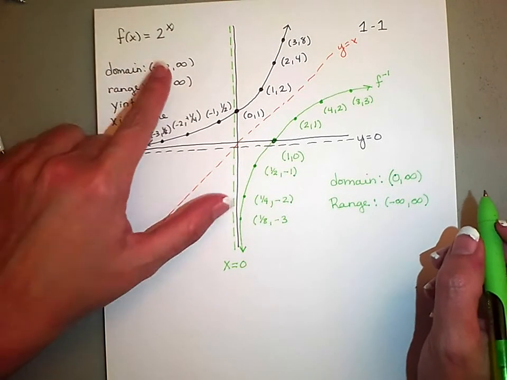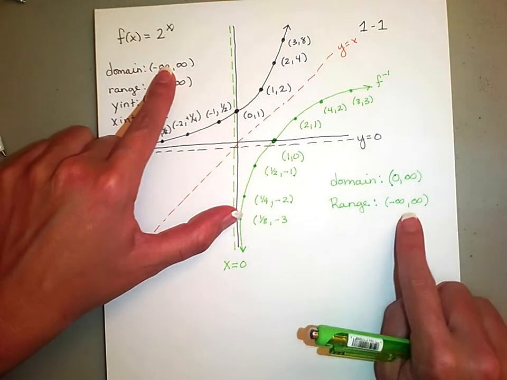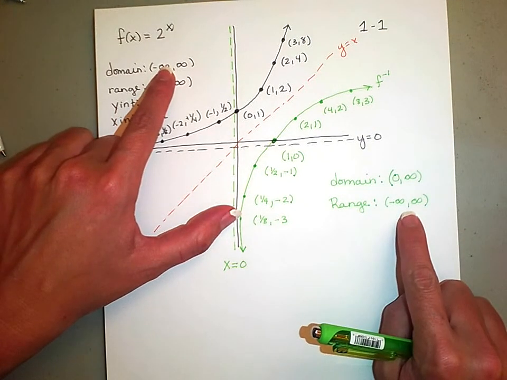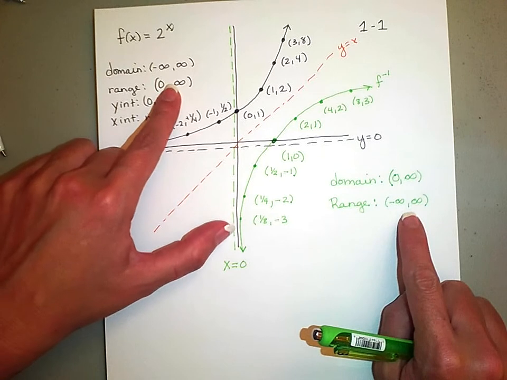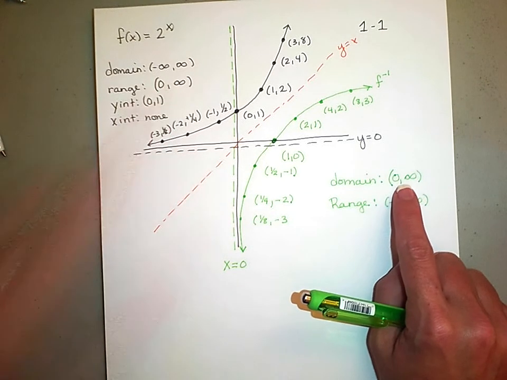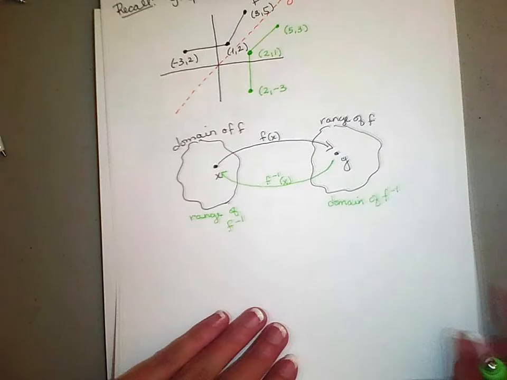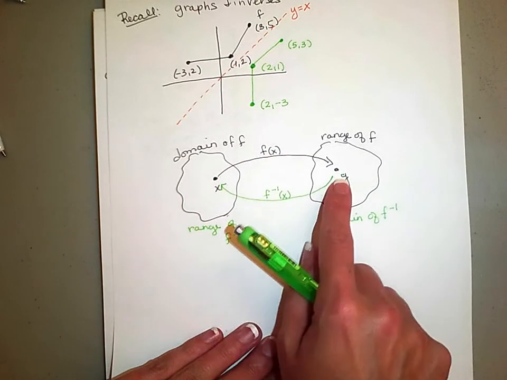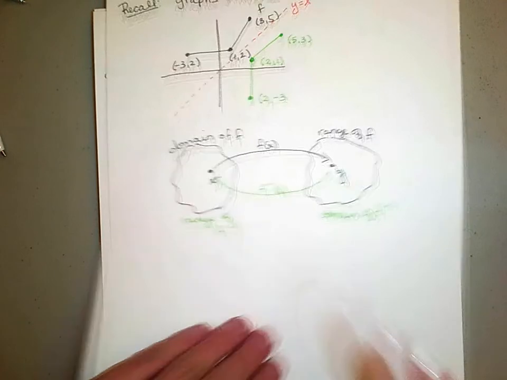And notice the domain of f is the range of f inverse, and the range of f is the domain of f inverse. So it follows the mapping that we drew here.